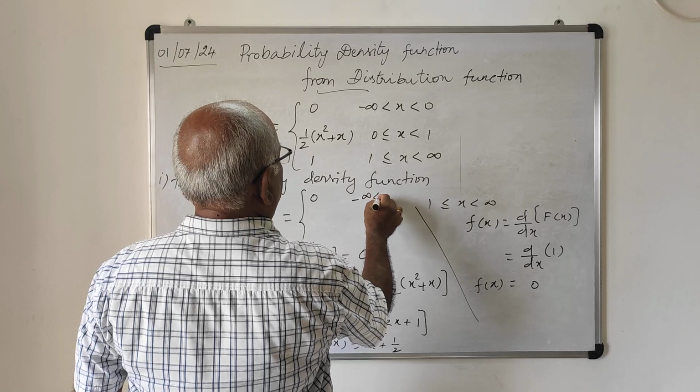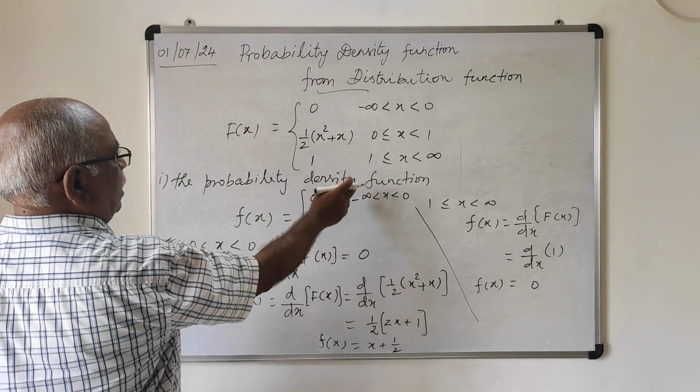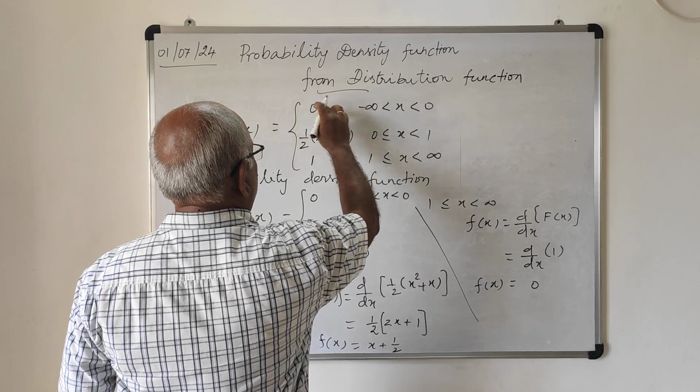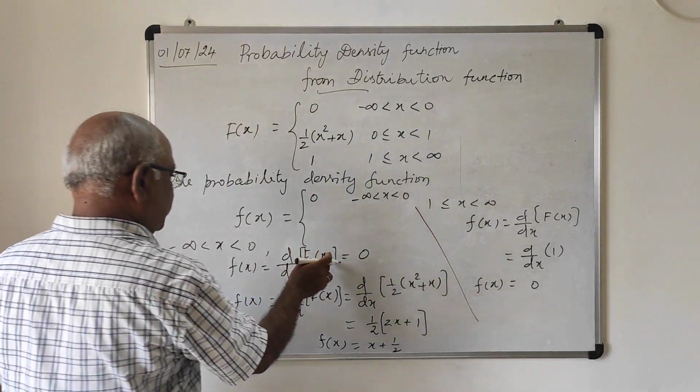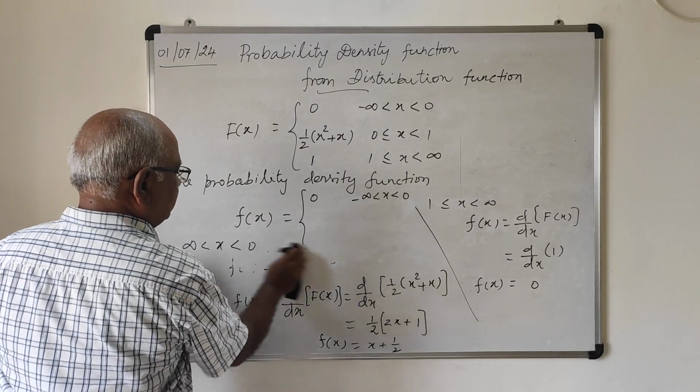So in the first part, in the interval minus infinity to 0, the function is 0. On differentiating 0, you will get 0 only.